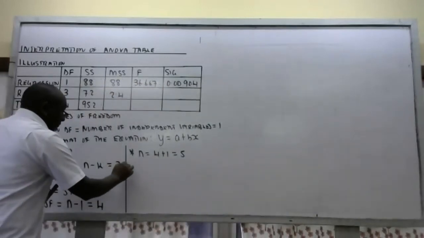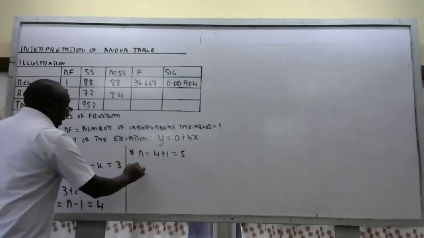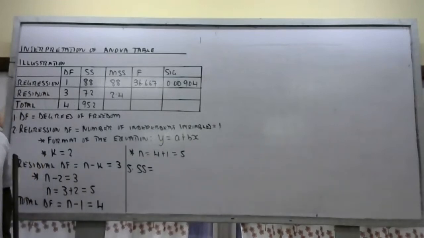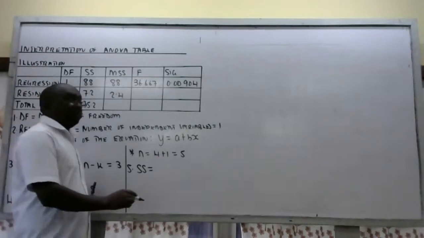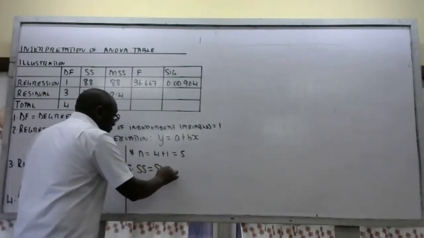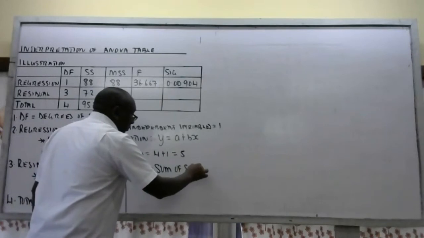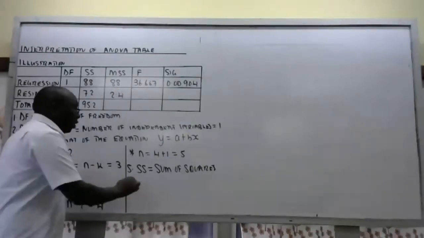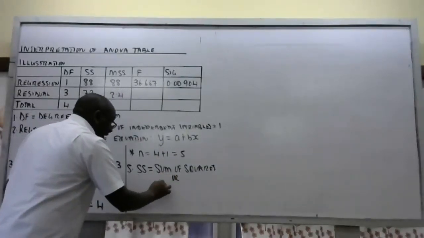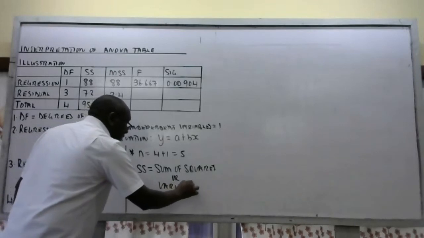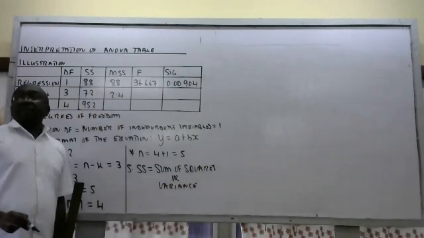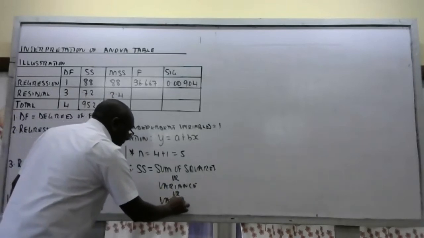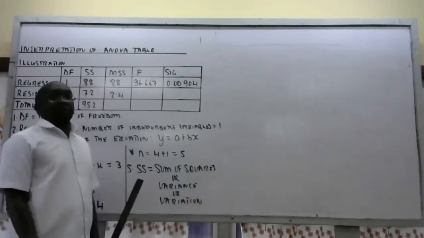Point number 5 is SS. When you see SS, it has very many names. The first one is sum of squares. Or you can call it variance, or variation.